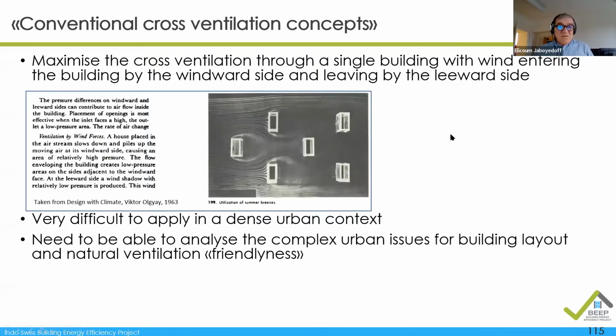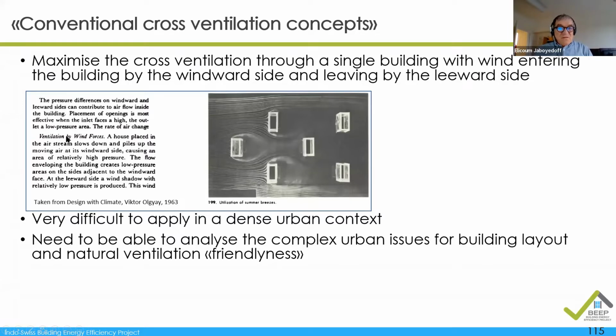Typically, if we look at the conventional cross ventilation concepts, we can see that most of the work has been devoted to single buildings, in the sense that they are free-standing. You can see here a typical figure from the well-known book Design with Climate, by Victor Olgyay in 1963, which was re-edited in 2015 but has not been changed at all.